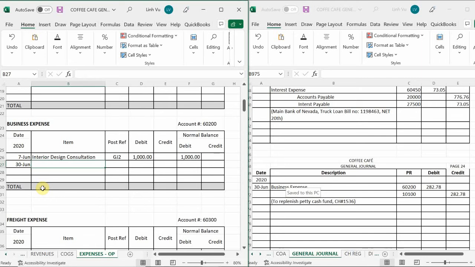So in this case, I can write party supplies for grand opening party: pizza, soda, cake, decor, and utensils.